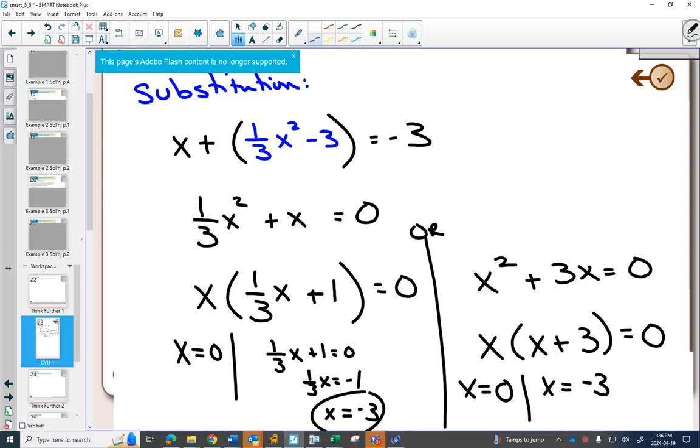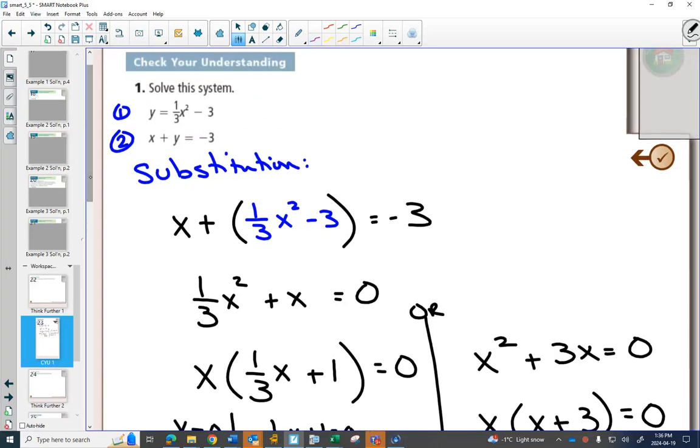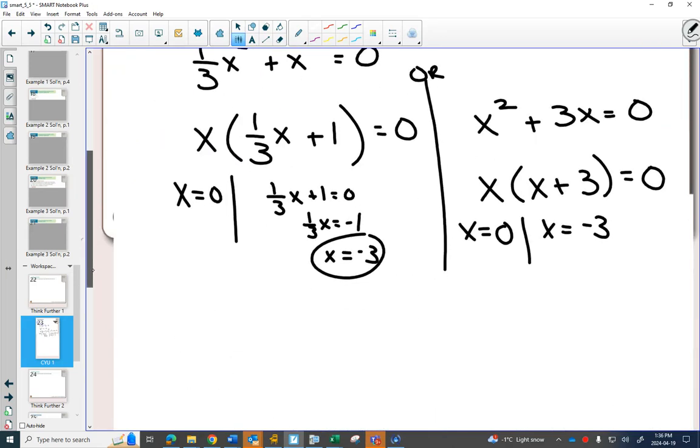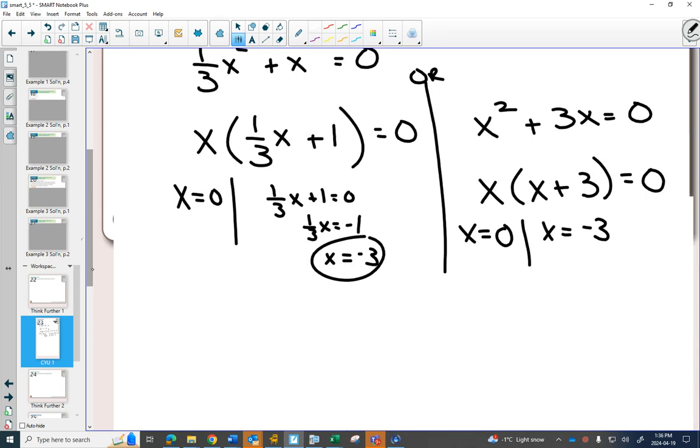But either way, we now have our values of x. But when we're solving a system of equations, we are trying to figure out where this parabola intersects this line. So we need to find the points where they intersect. We also need to solve for y. Okay? So sometimes people just extend this line and say, okay, when x equals 0, I need to find y.